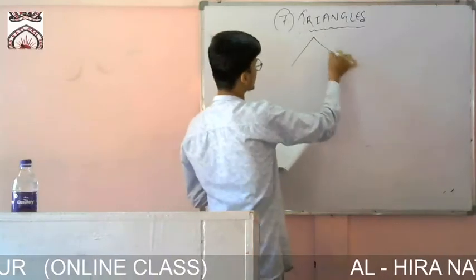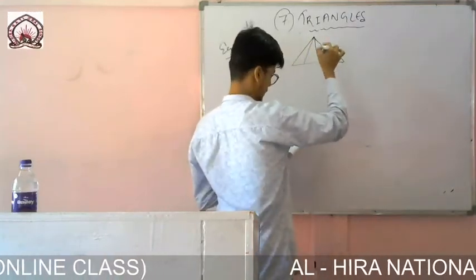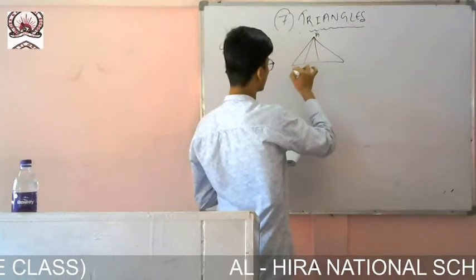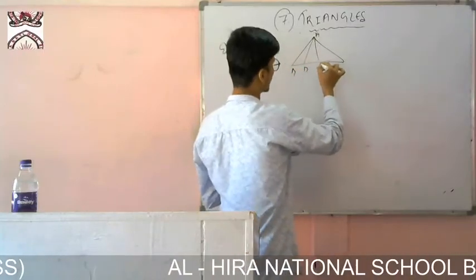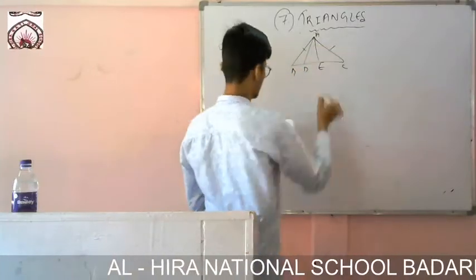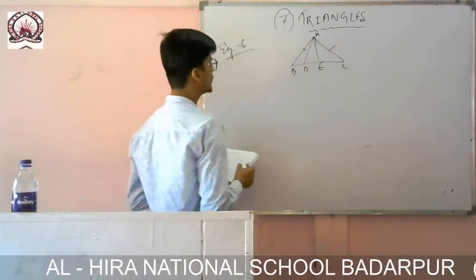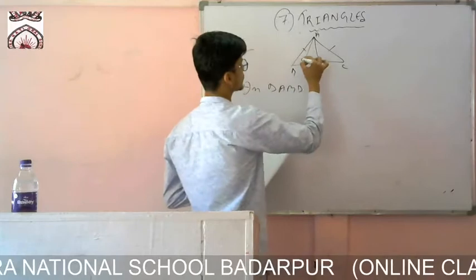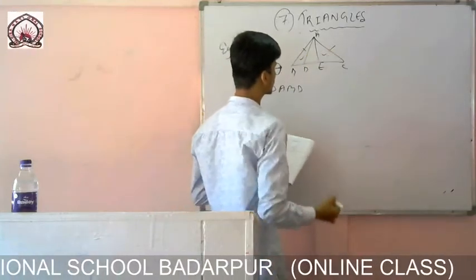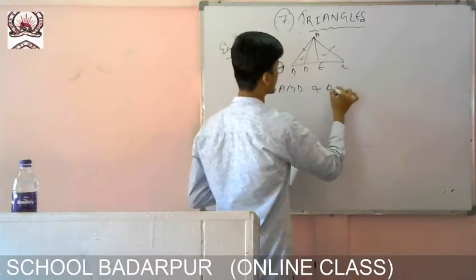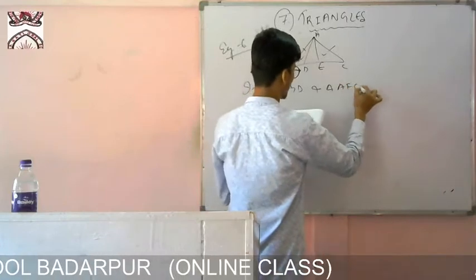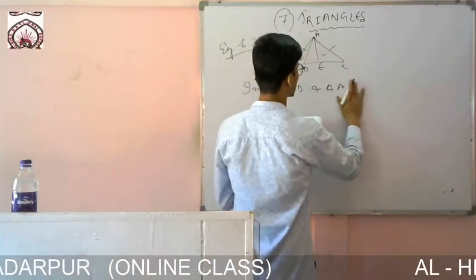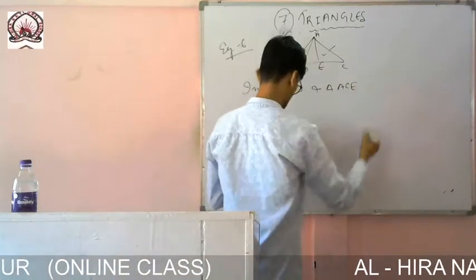The figure is like this: A, B, D, E and C. These two sides are given equal. So in triangle ABD, this one they have taken, and this triangle AEC or ACE. ABD given, then you write ACE. It should be in order.